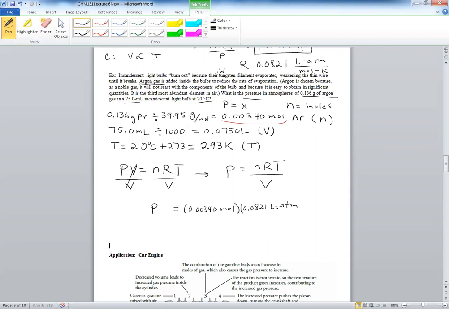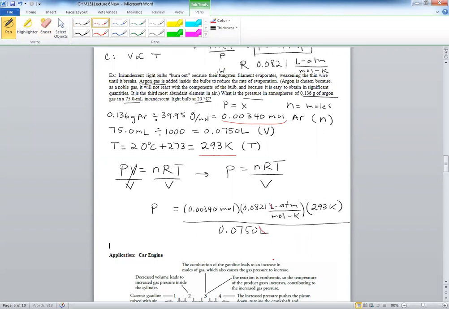Liters ATM per mole K. And temperature was right here, 293 Kelvin. And then volume was 0.0750 liters.